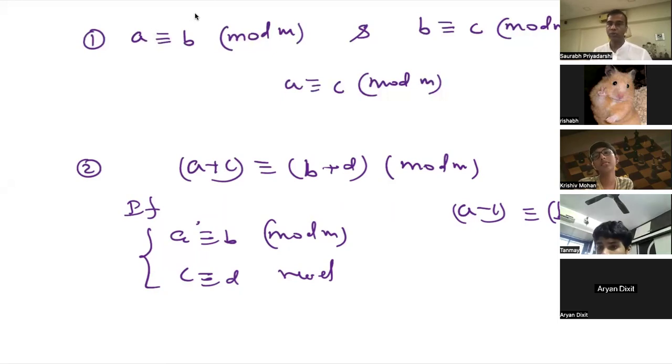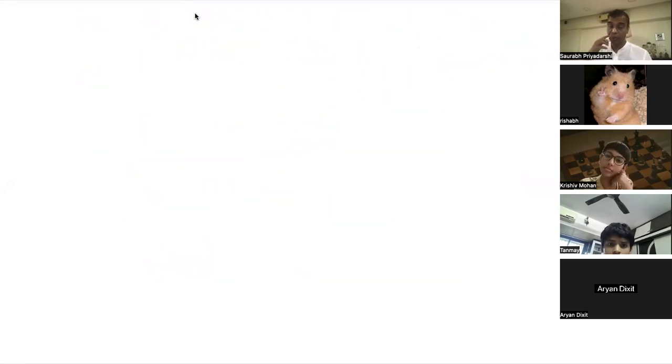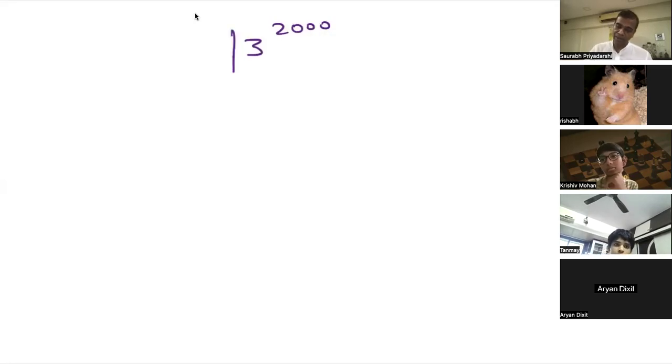So what is the use of congruence? When we have to find remainders, when we have to find whether numbers are divisible or not, or when powers are given, something like 3 to the power 2000, and I'm dividing this by 13, there is a remainder.